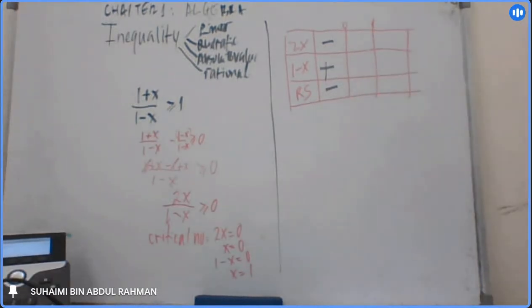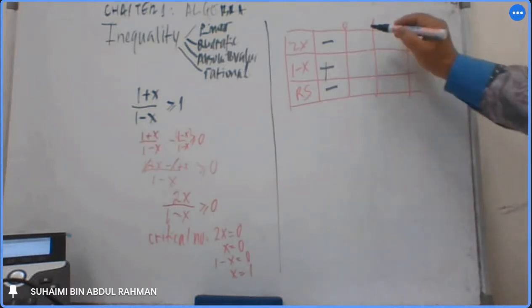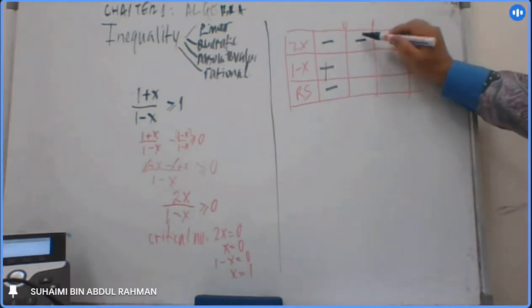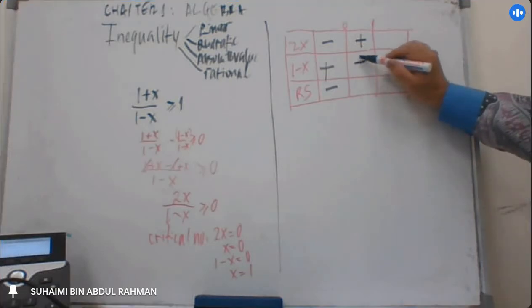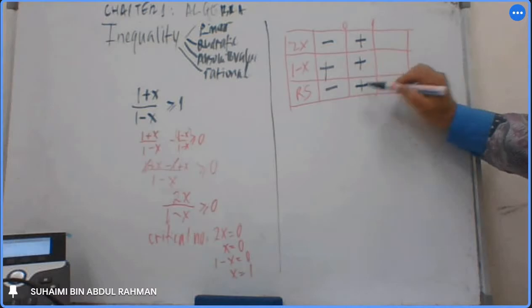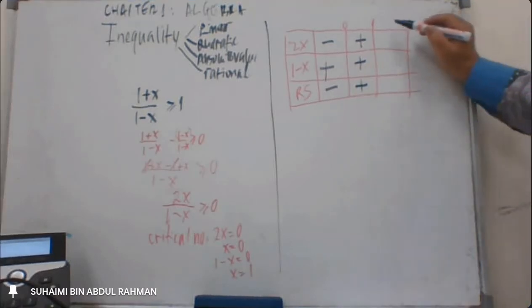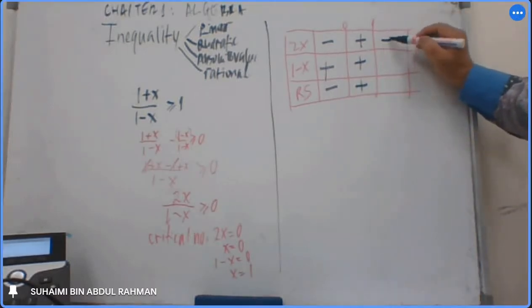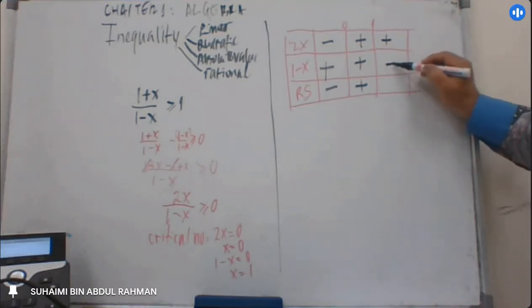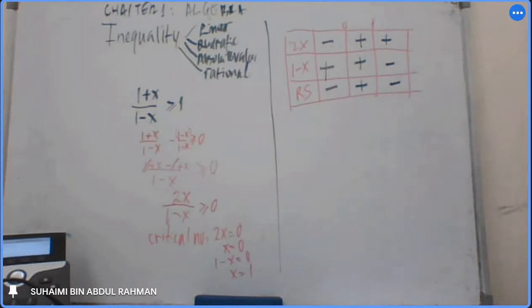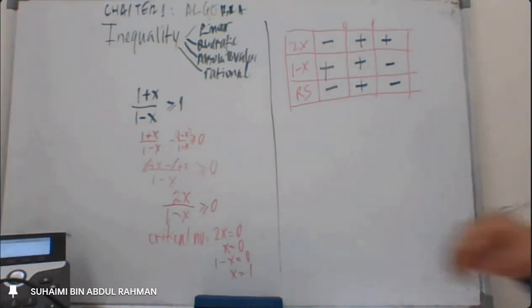Between 0 and 1: positive, positive, so positive. More than 1: positive, negative, so negative.